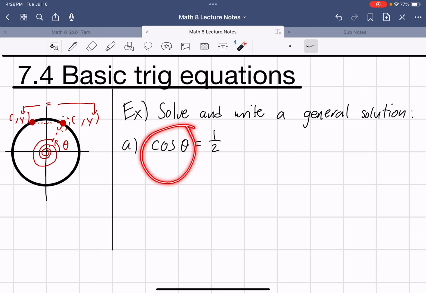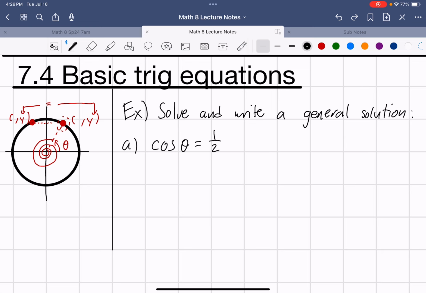This problem didn't start as an inverse. It started as a cosine, where the examples that we were doing before started as inverses. So the restrictions were right from the beginning. This has no restriction whatsoever. This is just asking for where is cosine equal to 1/2.